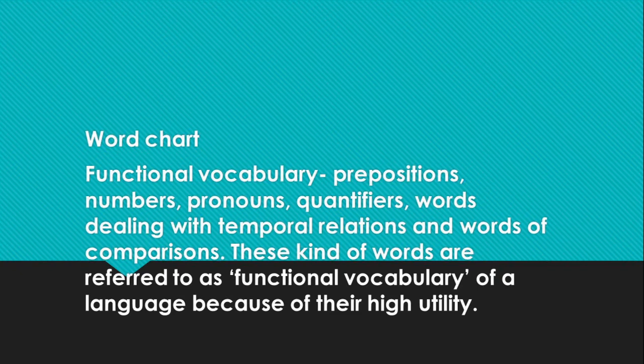This includes prepositions, numbers, pronouns, quantifiers, like words that tell us the quantity like both, some, few, etc. Similarly, words dealing with temporal relations, in the sense words dealing with time like first, finally, etc. And also words of comparisons like bigger than, shorter than, lesser than, etc. So all these are taught using the word chart.